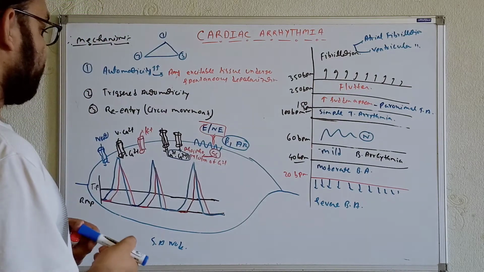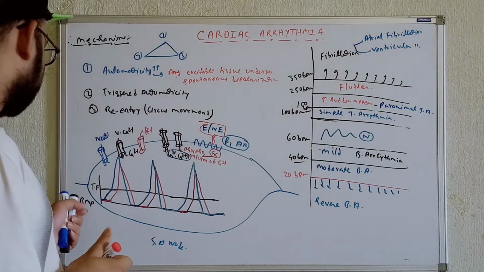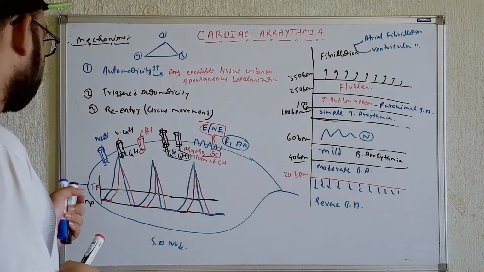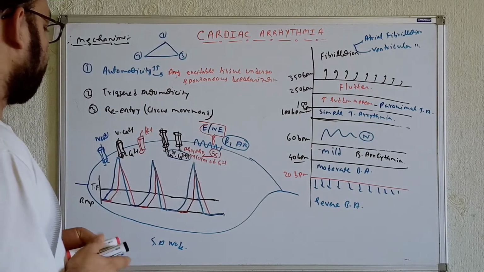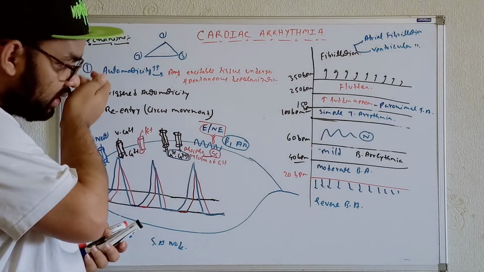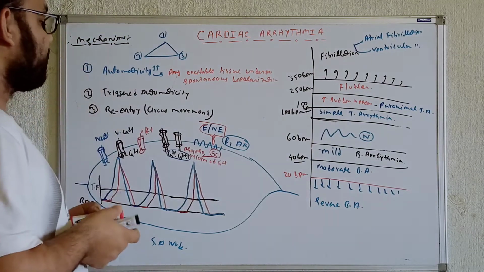So for the actions of epinephrine and norepinephrine, the resting membrane potential goes to the threshold potential very soon, and it will produce stronger depolarization. After that, opening of the potassium channel leads to repolarization. This is the first mechanism that we can see in terms of the automaticity of the SA node.